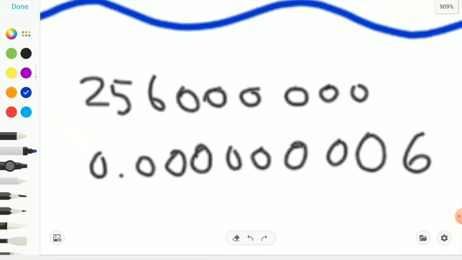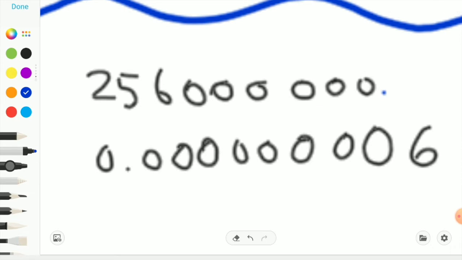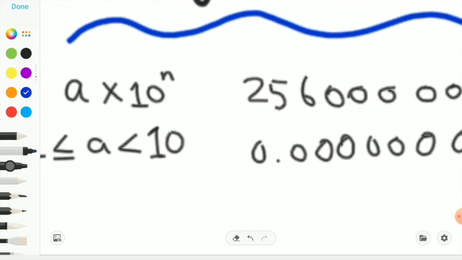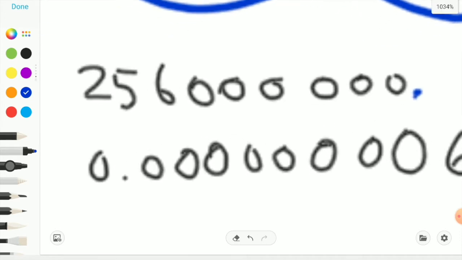Here, the decimal is here right now, and you want to move it to where the number that's left over is greater than 1 but less than 10. If we move it here, this whole number is greater than 10, so that can't be possible. If we move it here, it's still greater than 10.